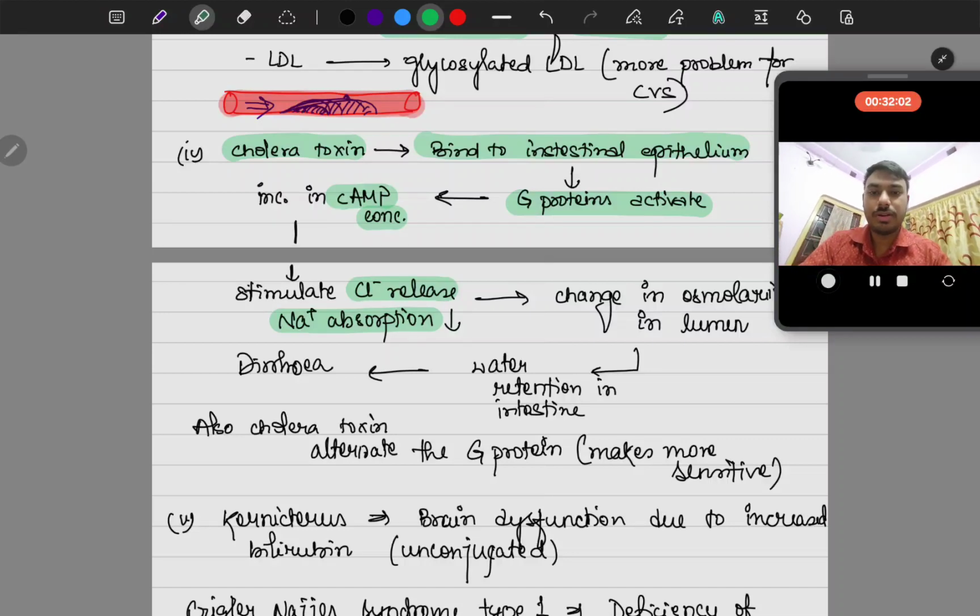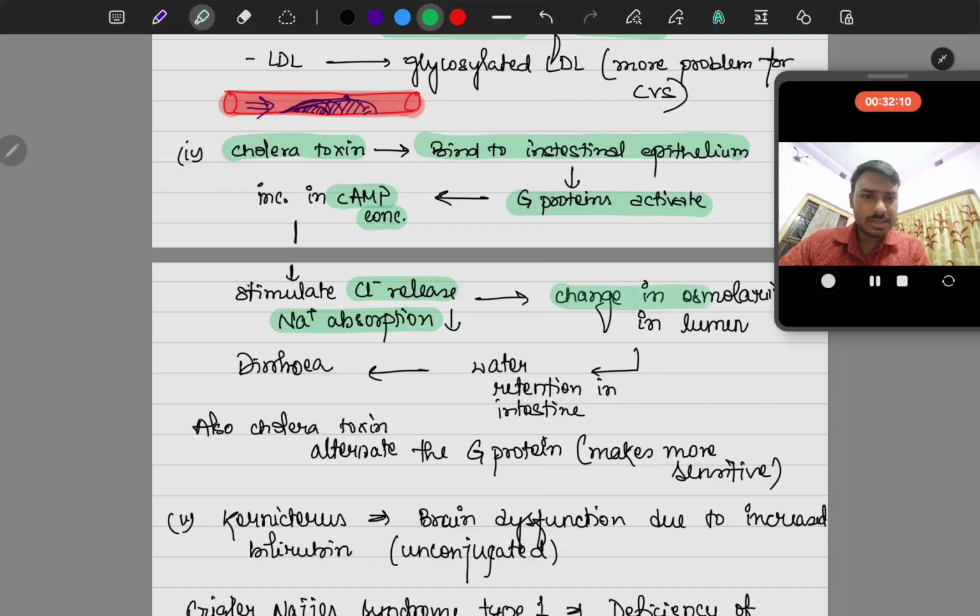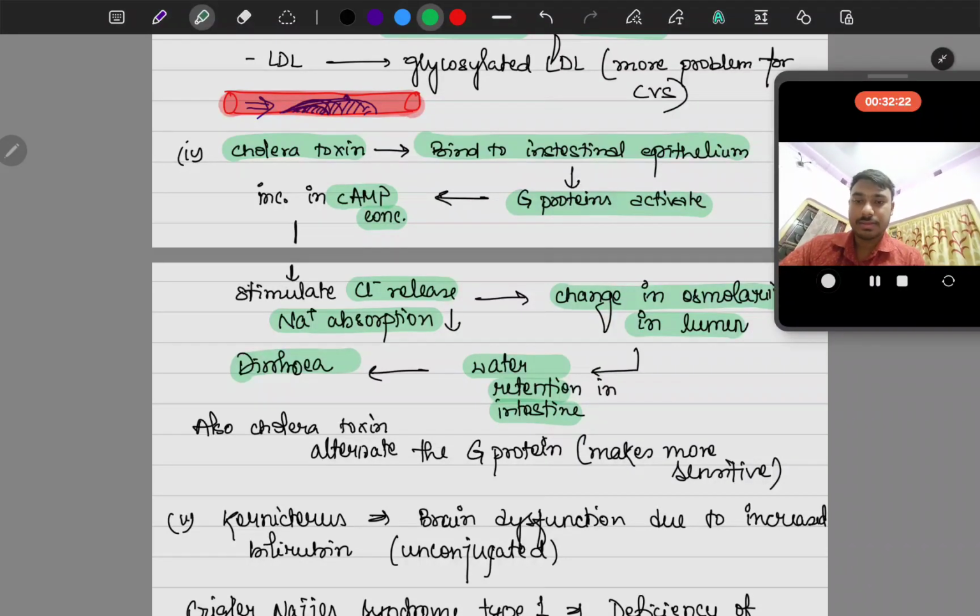Means the chlorine release is more and sodium absorption from the lumen is reduced, leading to a change in osmolarity in the lumen, and this change in osmolarity of the lumen leads to more water retention in the intestine, and more water retention in the intestine means diarrhea.